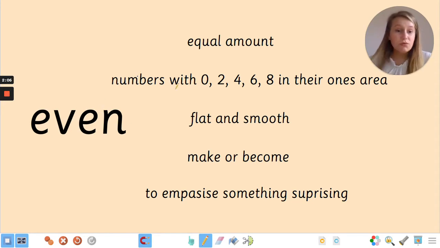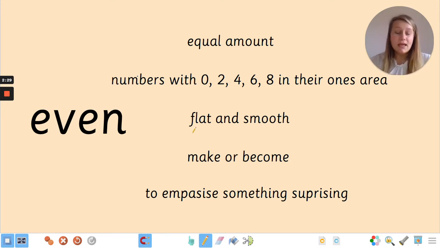We can also talk about even being a number. So we can have even numbers ending in 0, 2, 4, 6 or 8. Okay, so if the ones part of the number has got a 0, 2, 4, 6 or 8, we call it an even number. We can also talk about even meaning something that is flat or smooth.